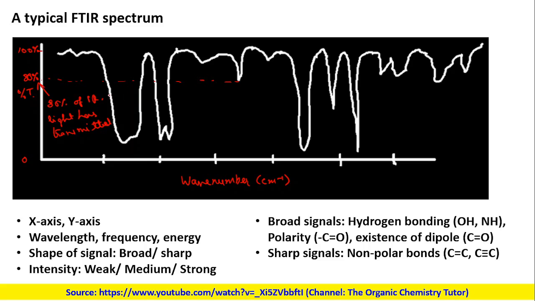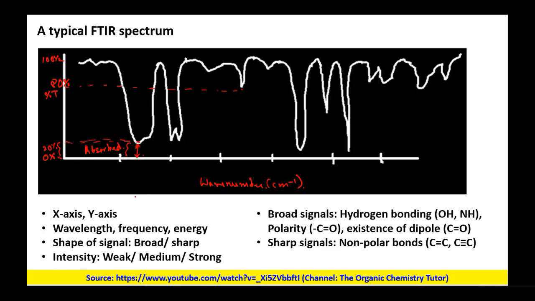In other words, 20% of the light has been absorbed. Now we know what is on the x-axis and what is on the y-axis.